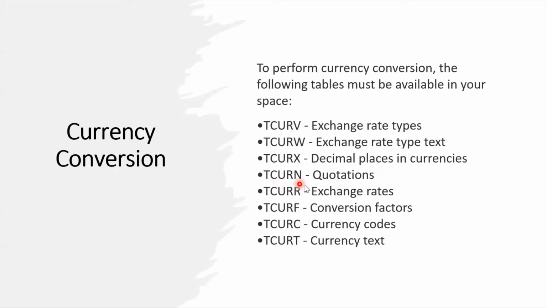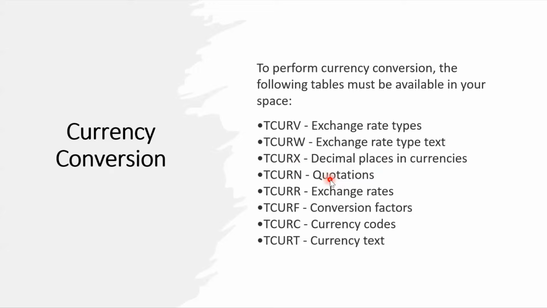Then we have TCURN, where we need to maintain the quotations. Sometimes we do conversions from one currency to another and just reverse it. For example, if I know the exchange rate of USD to INR, but INR to USD is not maintained, but their quotation is maintained.